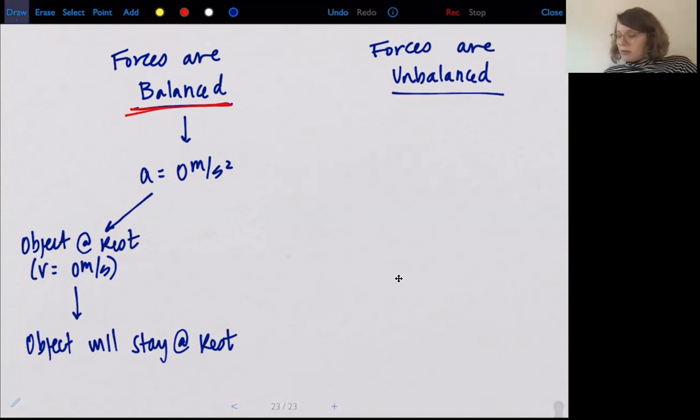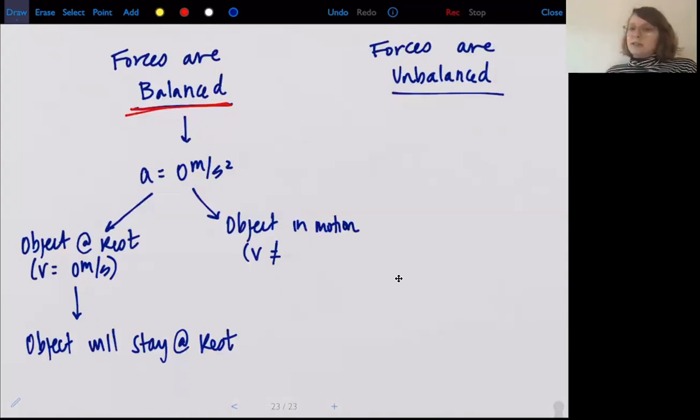Okay, but what about an object that's not at rest? What about an object in motion? Well, if an object is in motion, we know that the velocity is not 0 meters per second. It could be greater or less than 0, but it doesn't equal 0.